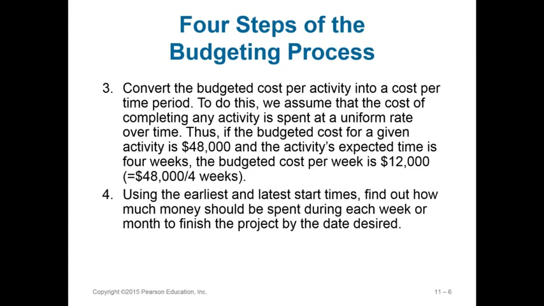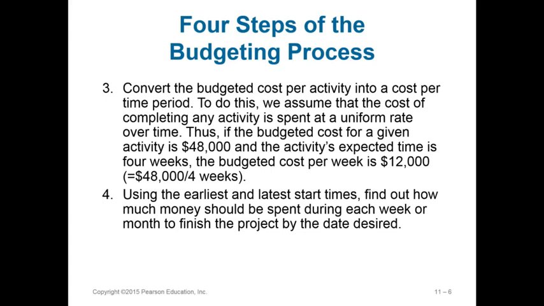Now, that doesn't mean you're actually spending $12,000 a week, or that you should expect the actual number of dollars being spent to be 12,000 evenly throughout the whole process. It is quite possible you have to spend more at the start or at the end of an activity, but it's a budgeting process.